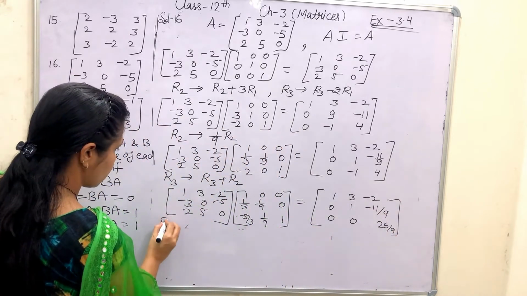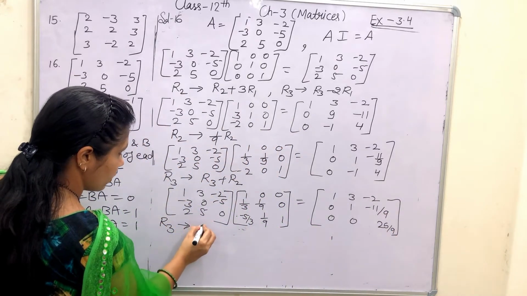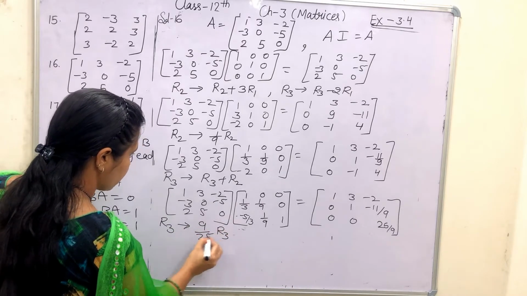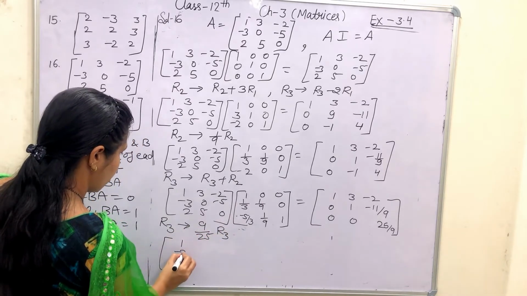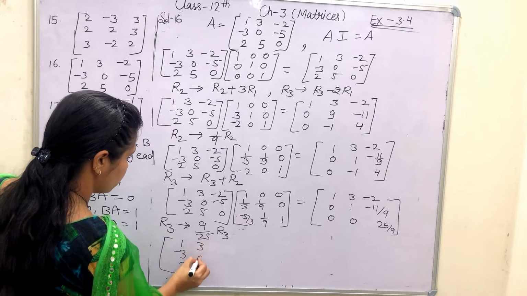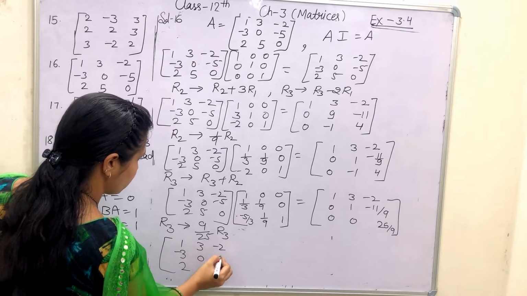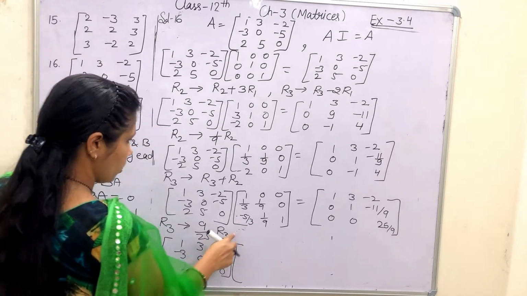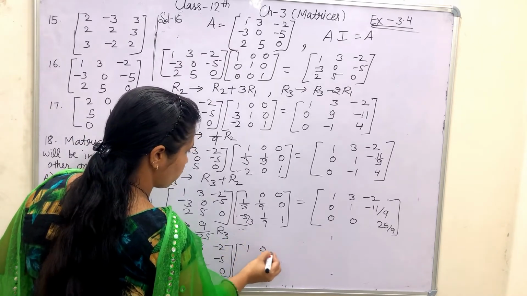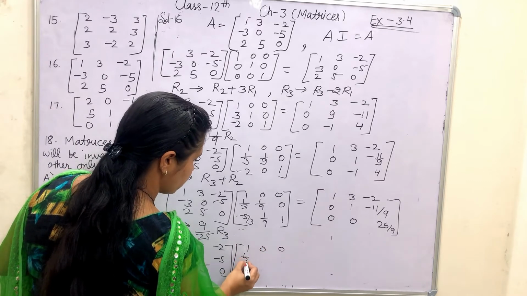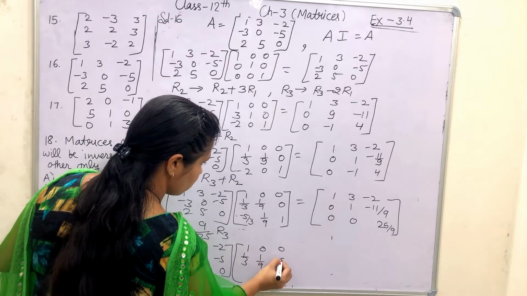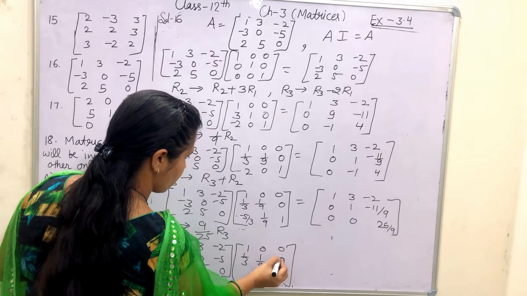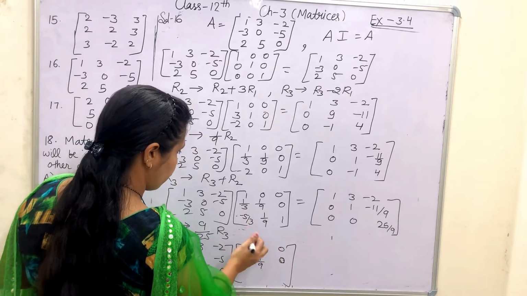Now R3 multiplying by 9 by 25. R3 we get 1, minus 3, 2, 3, 0, 5, minus 2, minus 5, 0. On R3, so there is no effect on our R1 and R2. We write it as we go. Here is 9 by 25.